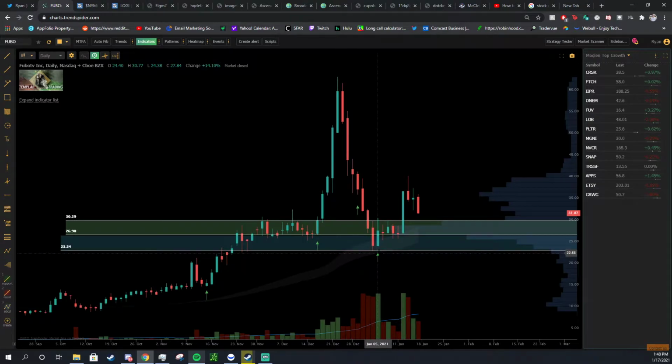I like that personally, and that kind of gave me the conviction to add here. So I'm curious to see if we can continue this upward trend. I don't expect it to be a massive gap up like this, though if you do notice the volume by price just above the 40 zone, it's incredibly thin, so we could see a fast move up just like we did last time. I like this company a lot, so we'll see what happens.